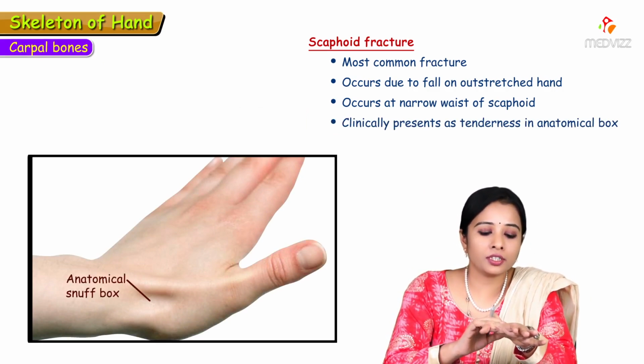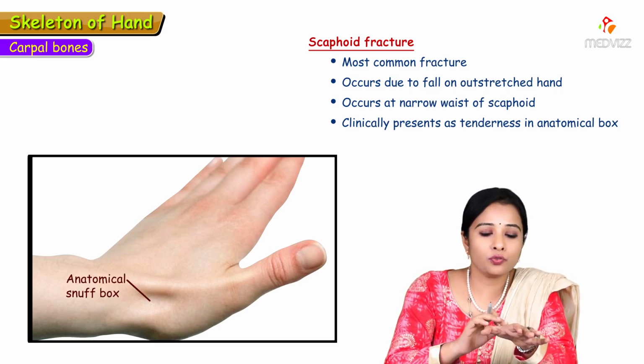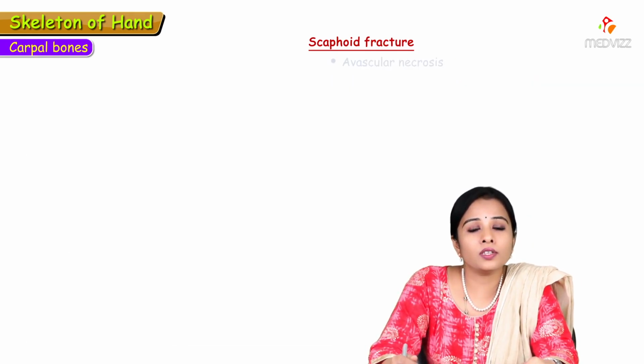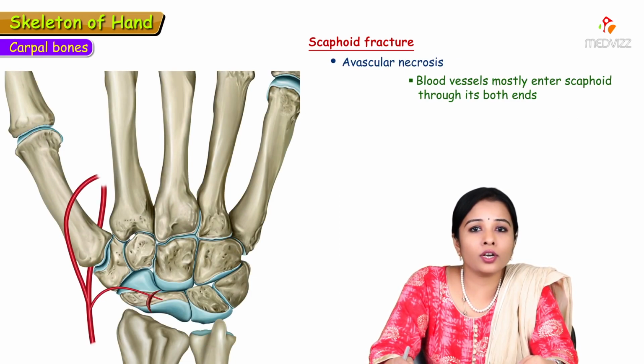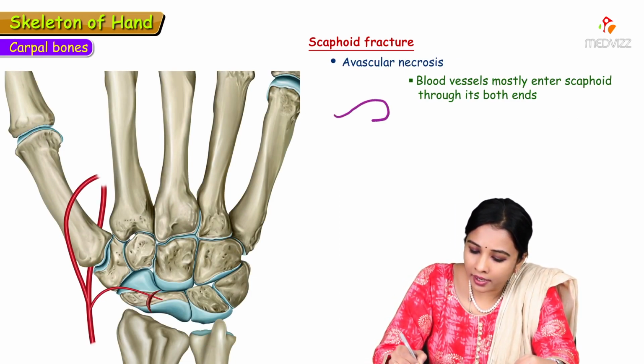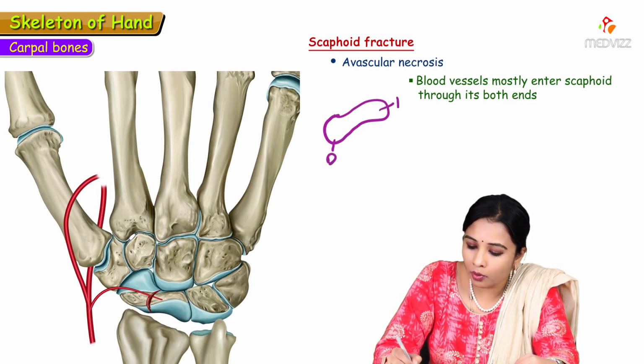When you abduct your thumb, the depression which you find in front of the wrist on the dorsal side is the anatomical snuff box. Blood vessels mostly enter the scaphoid through both its ends, that is from its distal end and the proximal end. So here is the distal end and this is the proximal end.